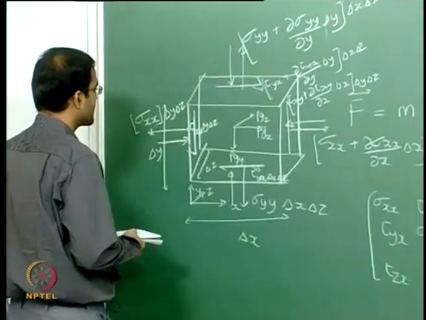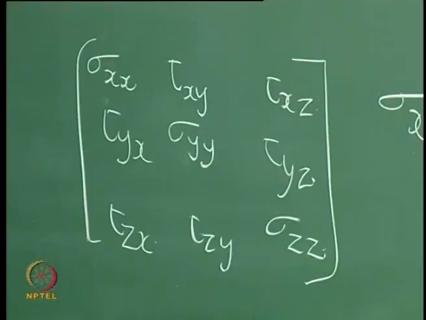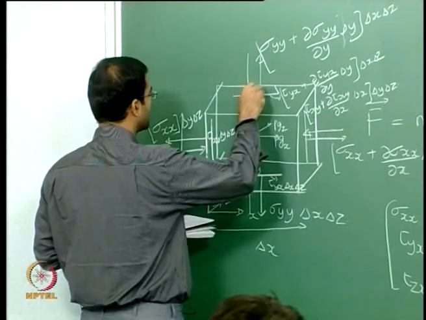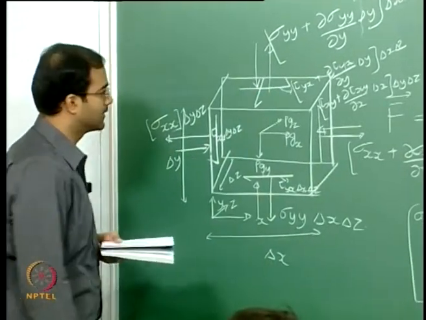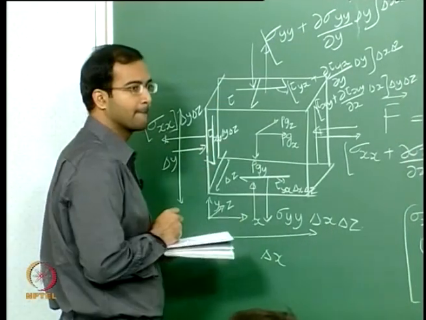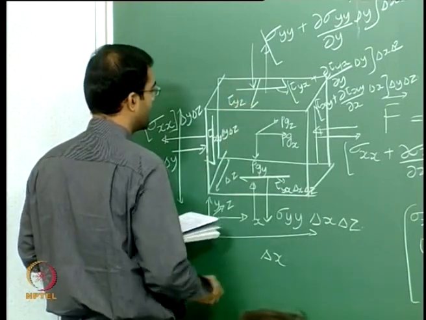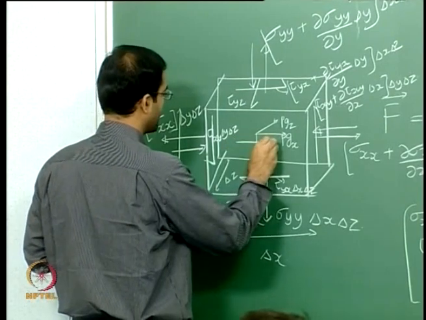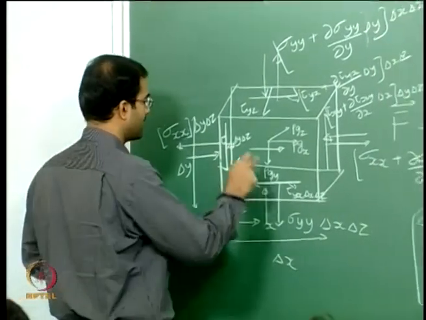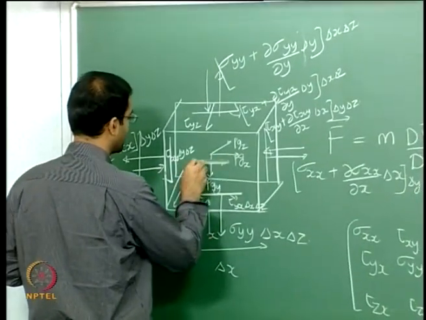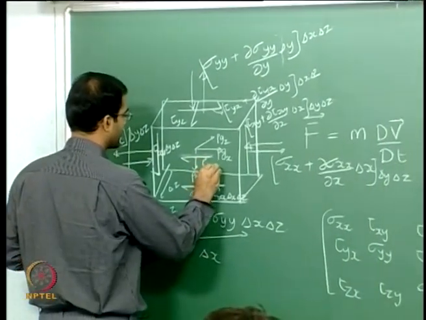So I'll quickly show which are the other components acting on these faces, and you can fill the rest. So you have already 2 denoted here, so the other will be, you can take the case where it is acting this way on the top surface, and this should be what? Tau yz, right. And you can also take a plane which is in the z direction, a z plane, and you can talk about force which is acting along the x direction, so this should be tau zx, okay.